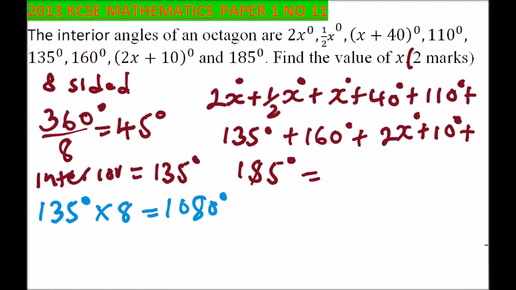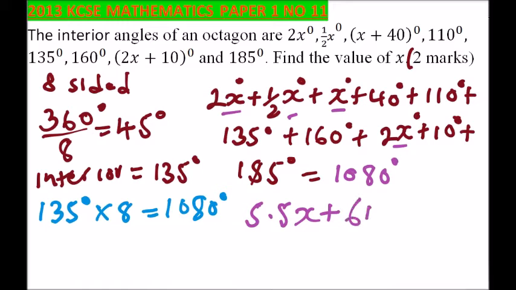So 2x plus x is 3x, plus 2x, 5x, plus a half x, that is 5.5x, plus, when you add 40 plus 110 plus 135 plus 160 plus 10 plus 85, you get 640 using your calculator.